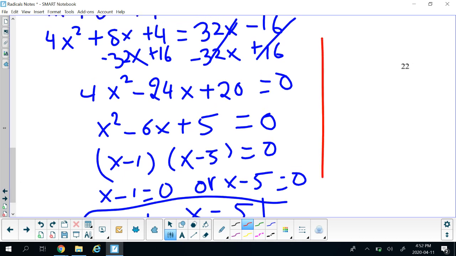Okay, so let's take x equal to 1 first and plug that into our original equation.